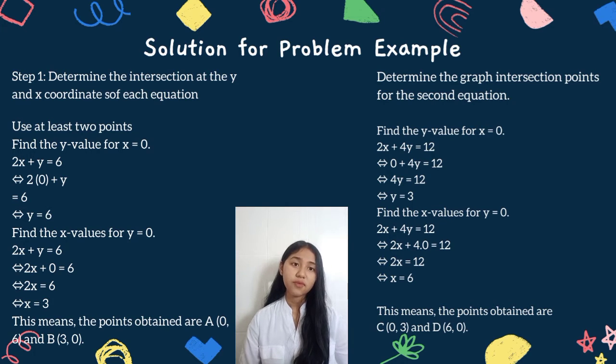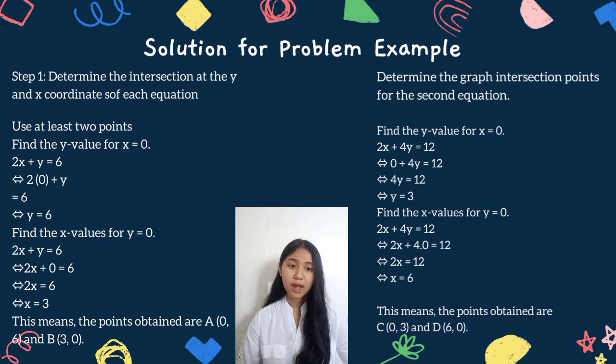To find the y value, for x equal to 0, we must substitute x equal to 0 in the first equation, and to find the x value, substitute y equal to 0 in the first equation. So we have the result y equal to 6 and x equal to 3. This means the points obtained are A (0,6) and B (3,0).